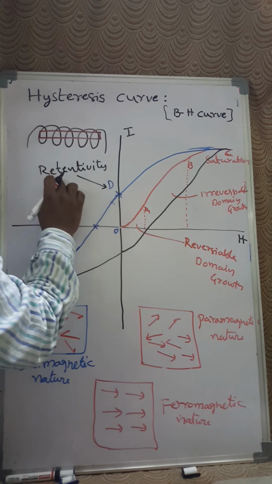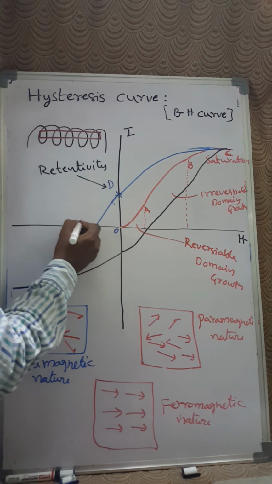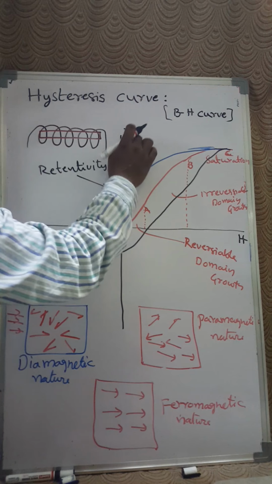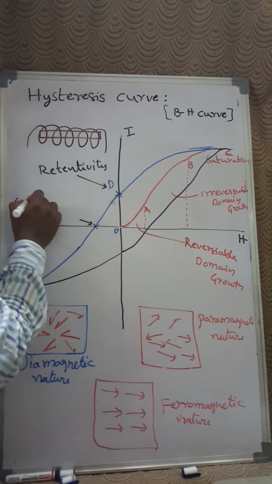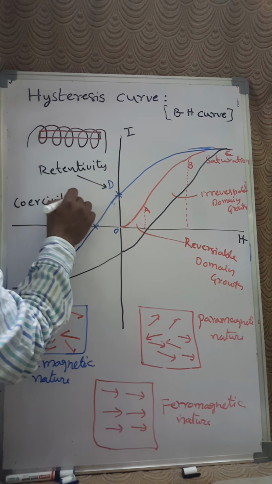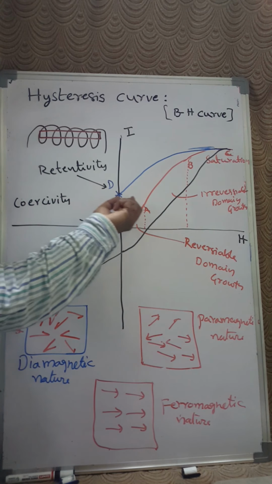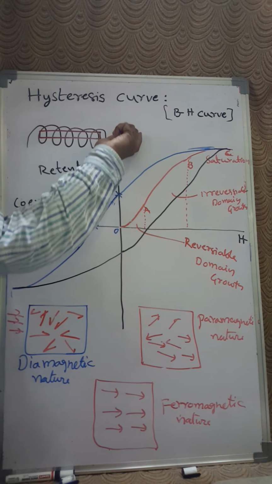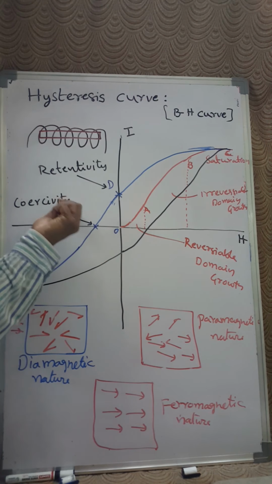That particular part we call retentivity. And in order to bring the magnetic properties in a substance to 0, we have to apply some negative field, which we call coercivity. Coercivity is to vanish the magnetic properties in a ferromagnetic substance. So that field we call coercivity.